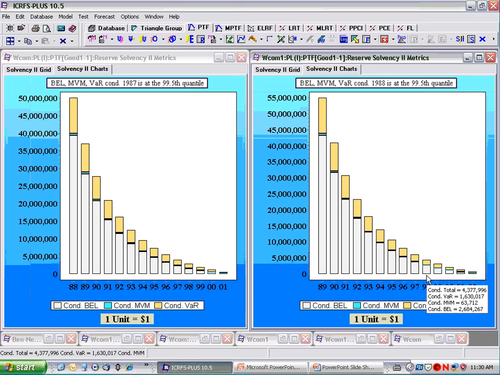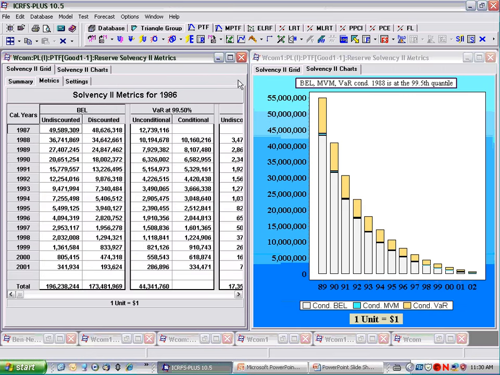It's just a 10% increase, which you'll kind of expect because of the 10% trend. But otherwise, all the statistics are pretty consistent.